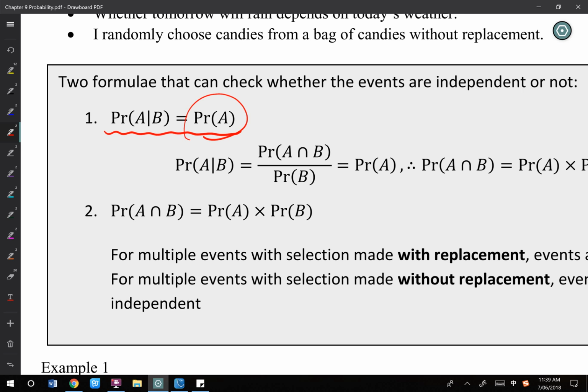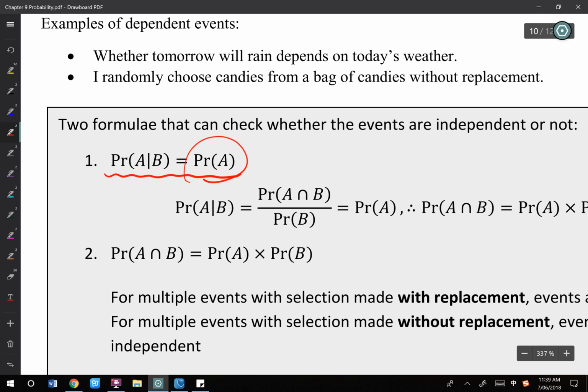So these two formulas work well together. If it works, then the events are independent. You don't talk about a subset or something like that; you just think about the probability.